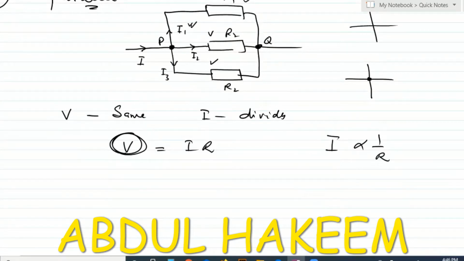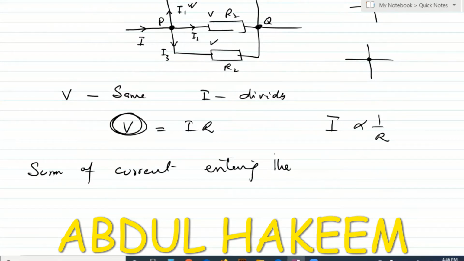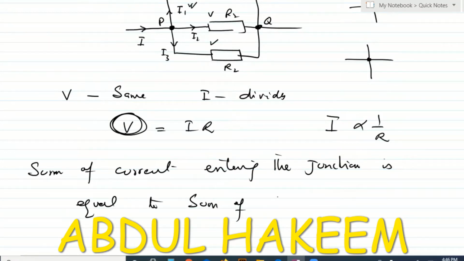Now, sum of currents, sum of electric currents entering the junction is exactly equal to sum of currents leaving the junction.